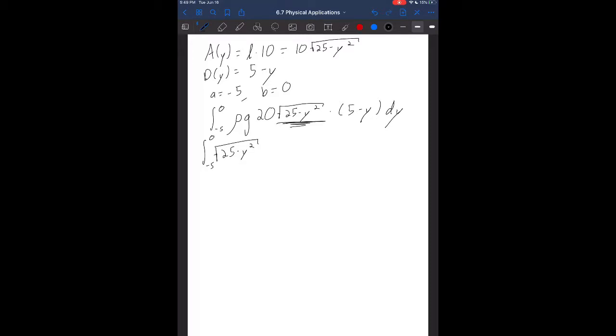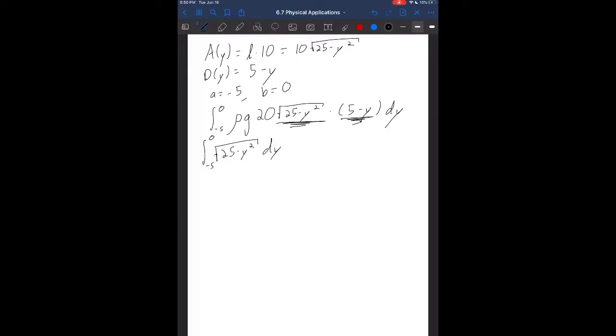So what we're going to do is we'll take this part and expand it out. The second part we'll be able to use u substitution on because we have a y squared and a y on the outside. However, for this part, we can't use u substitution. So we're trying to figure out the integral of negative 5 to 0 of the square root of 25 minus y squared. But if you remember back to calculus, one of the things we talked about was the act of geometric integrals, right?